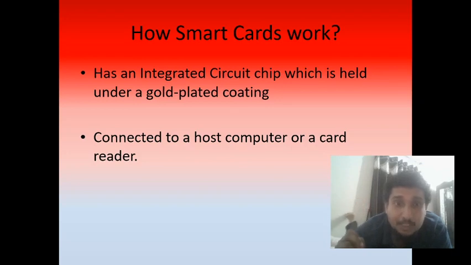In an ATM machine you have the card reader, the whole system. It reads the data as to how much balance you have, etc. Afterwards it allows you to withdraw money or make a transfer or whatever you want to do with that card. So how does it work? Very simple. The ATM machine reads the data which is in your integrated circuit chip.